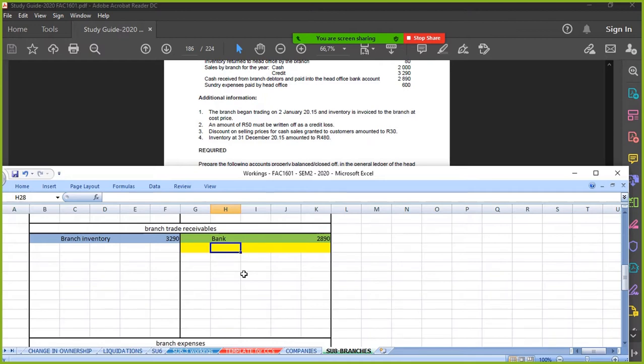You could create a bad debt account for the branch, but if you have a bad debt, how does the branch view the bad debt? What is bad debt in other words? You are going to credit the branch trade receivable. That's fine. There's nothing wrong with this.